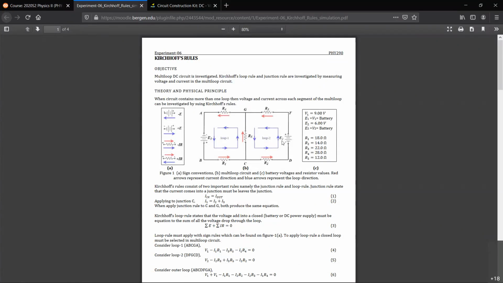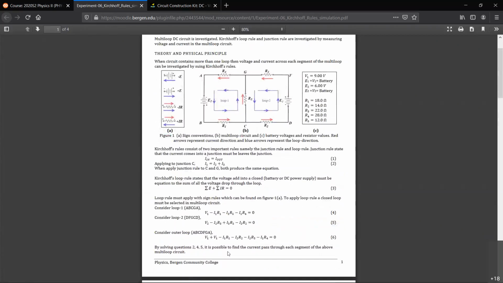Which means technically when you apply the loop rule here, you can apply the loop rule for the inner loops: this small one, the left-hand side, a small loop, the right-hand side, and the outer loop. So if you do the outer loop rule, then you're going to start from A to B, B to C, C to D, D to F, F to G, G to A, right?